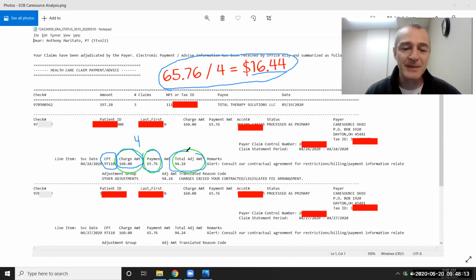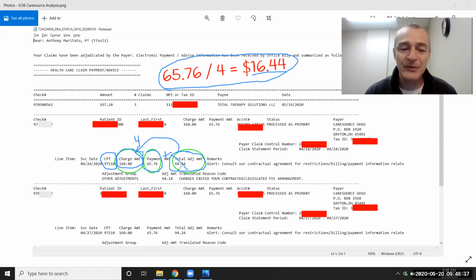The total adjustment amount, that's the contract adjustment. That is based on the difference between the allowed amount from the payer and what was billed. So if we did some math and we added $65.76 to $94.24, the total is going to be $160.